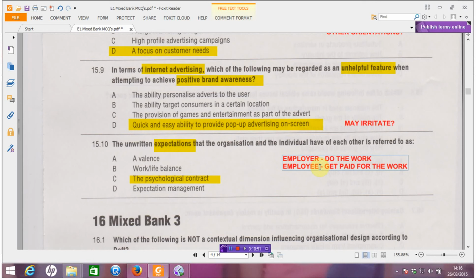Well, they want to get paid for the work. So really what we're saying in terms of unwritten expectations is we're saying that the employer expects something and the employee expects something. Detailed here, that's what's called the psychological contract, the unwritten contract. And really, I guess what we're saying is you sort of break that contract, you're going to have an issue within the organization or an issue in the relationship. It's going to break down.